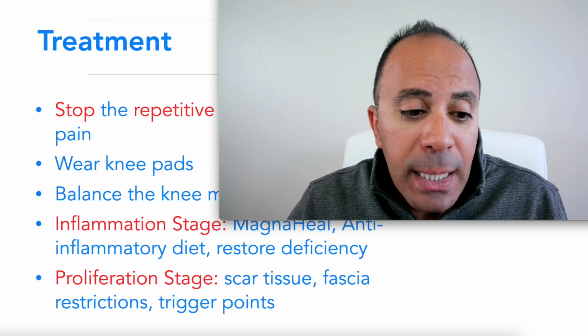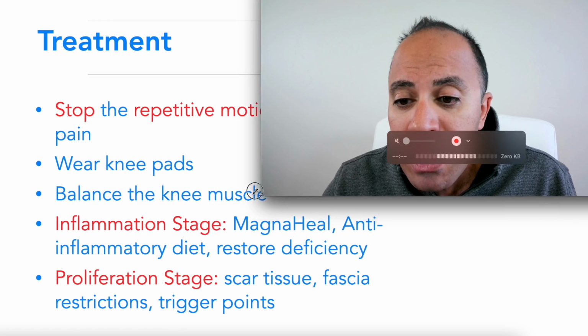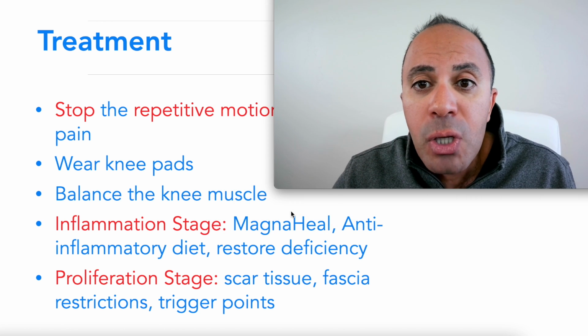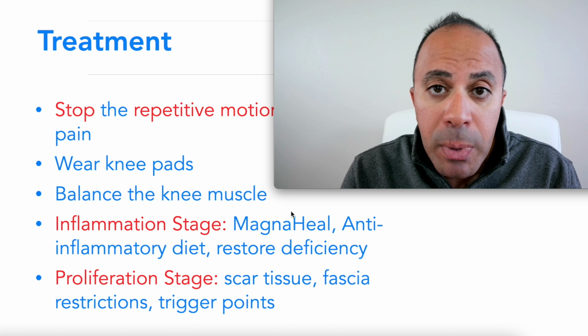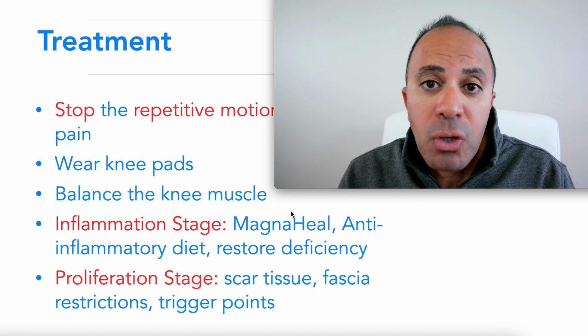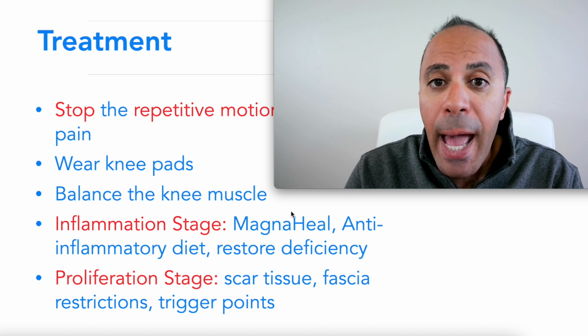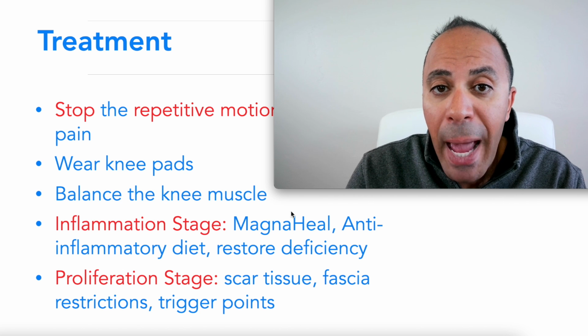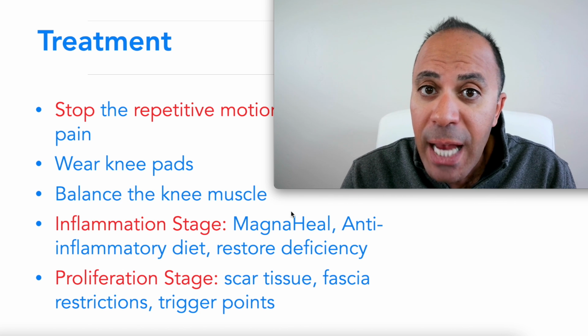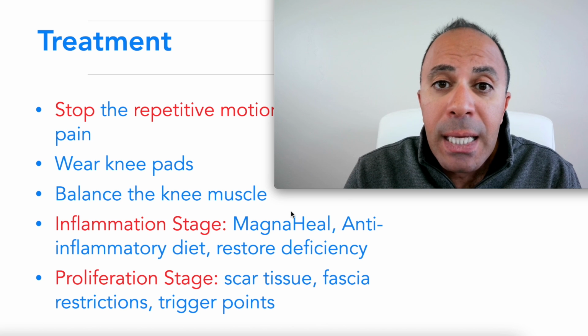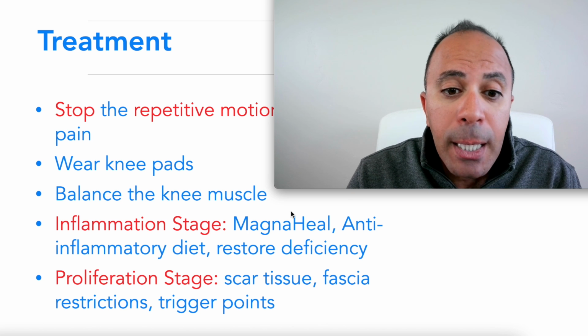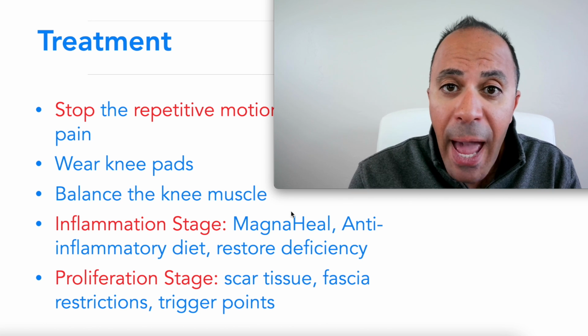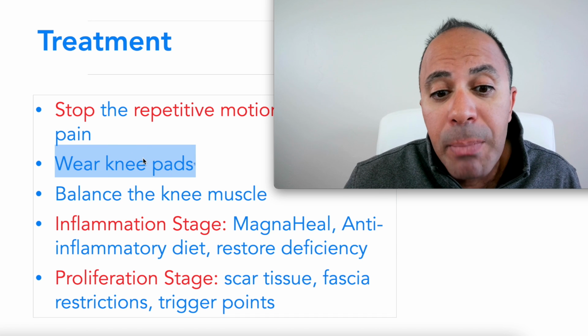To sum it up, how to address the knee pain, how to treat it. First, if you have an acute minor condition, just stop for 5 to 7 days. That should be good enough to get your knee back to normal. Stop the repetitive motion that aggravates your pain, like kneeling, like squatting, like running. Also, if you have to kneel, you can use a knee pad.